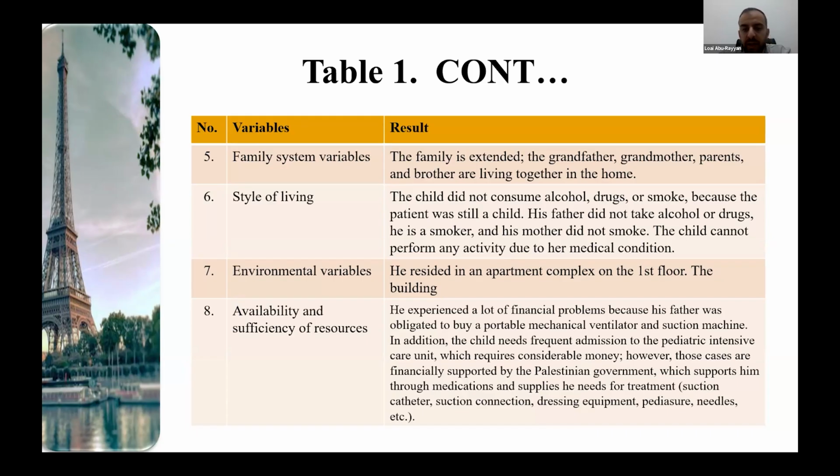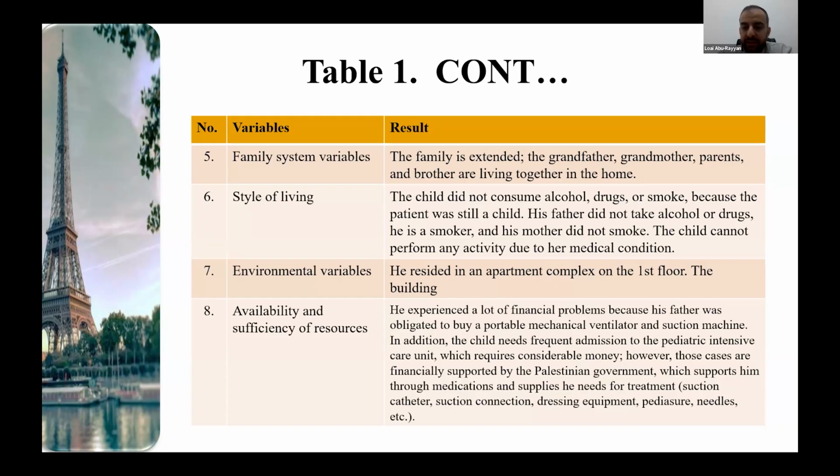Environmental variable: he resides in an apartment complex on the first floor of the building. Availability and sufficiency of resources. He experienced a lot of financial problems because his father was obligated to buy a portable mechanical ventilator and suction machine.